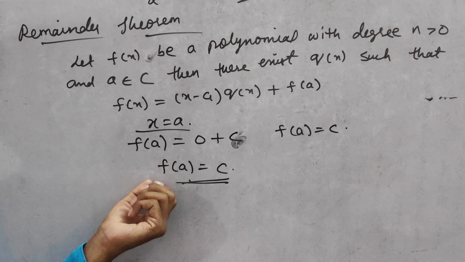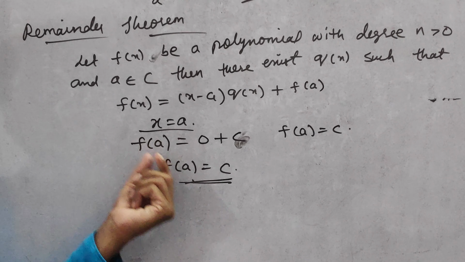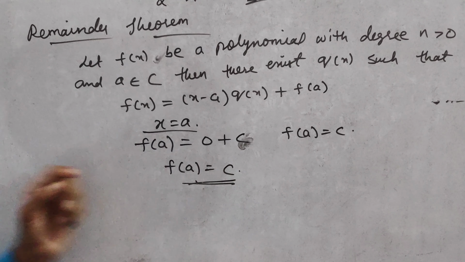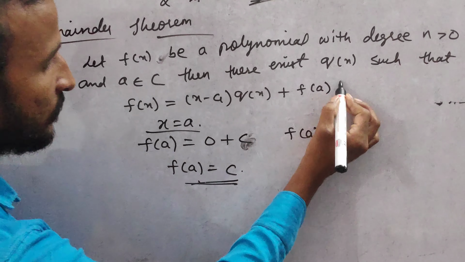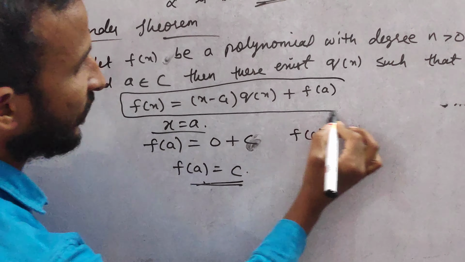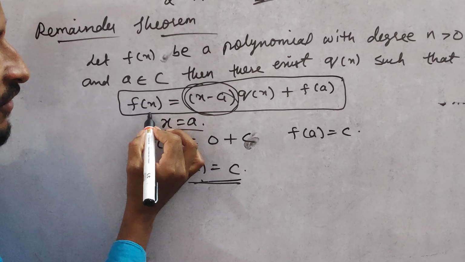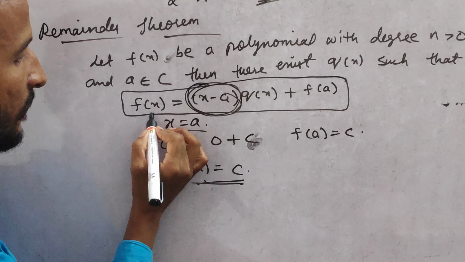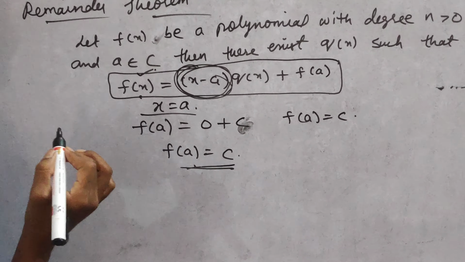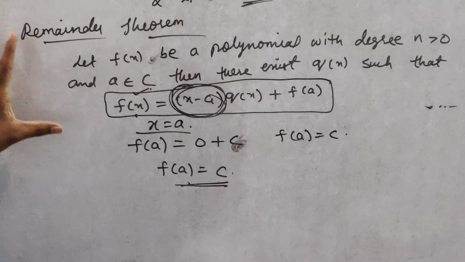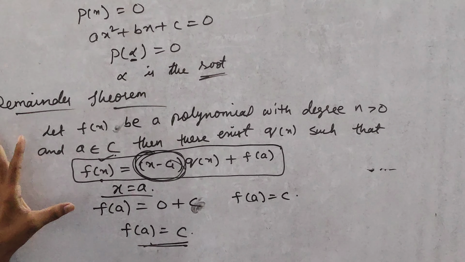If you substitute x is equal to a, then f of a is equal to c. This is the concept of the remainder theorem. Here x minus a is a factor of f of x.